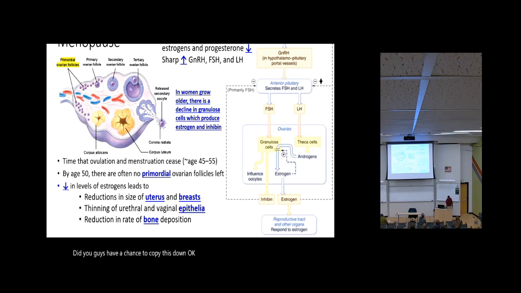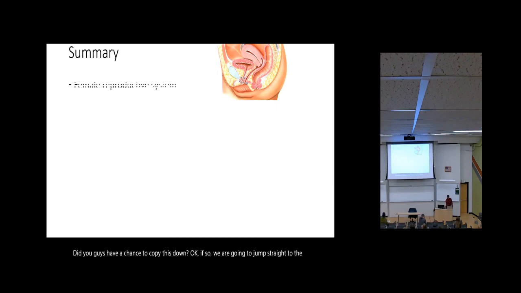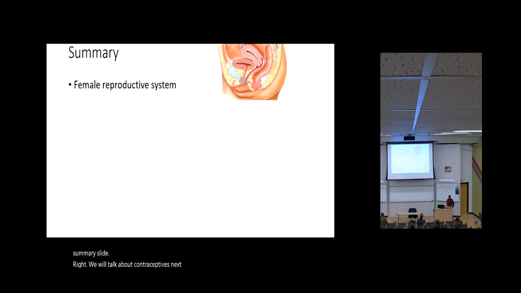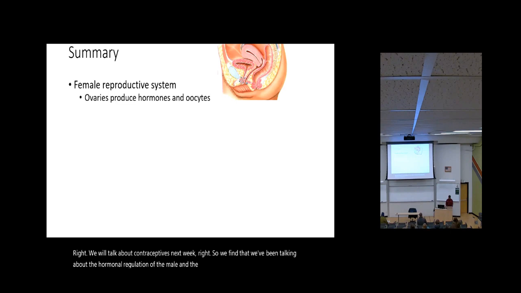Okay, if so, we are going to jump straight to the summary slide. We will talk about contraceptives next week. So we've been talking about the hormonal regulation of the male and the female reproductive system, and in the female reproductive system, we talked about how ovaries will produce hormones and oocytes.